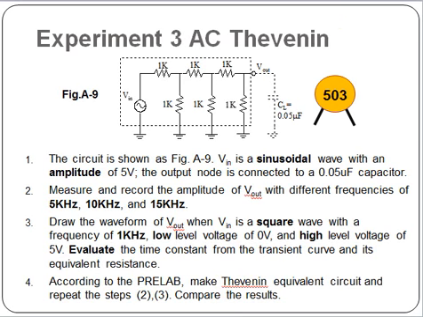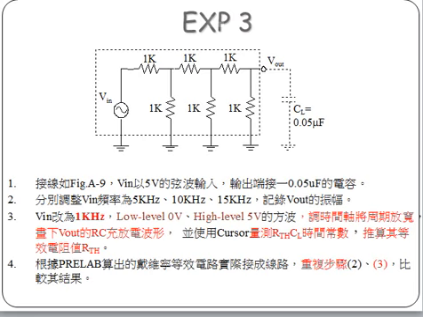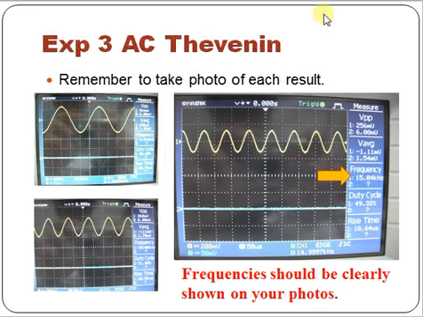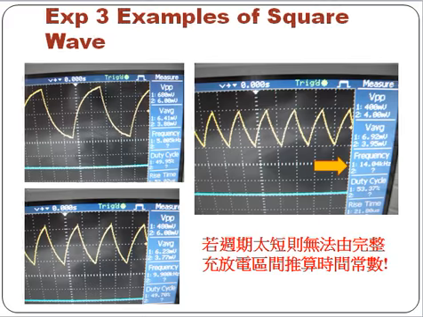During this lab, you should record the frequency clearly. Make sure that you have the frequency on your photo. When you want to calculate the time constant, you want to ensure that the capacitor is fully charged or discharged. Remember that it takes time to do so. Therefore, for some high frequency input, you cannot evaluate the time constant.